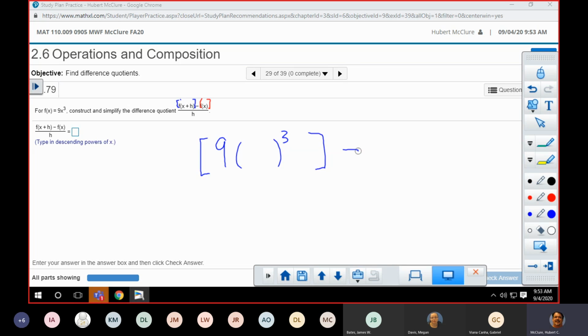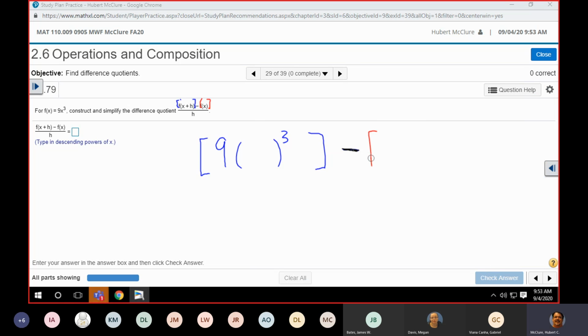Minus, in black, minus, and f of x goes back right here. Okay, so you're going to do that on every problem. Whatever is the function, it's going to go in the blue brackets, and you're going to put a big set of parentheses wherever there's an x.